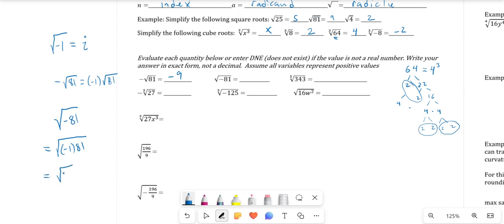And so we can specify this in 2 parts. What is the square root of 81 and what's the square root of minus 1? The square root of minus 1 is just i, the square root of 81 is 9, and we generally write the 9 first. They mean the same thing, multiplication is commutative, but we usually prefer this one. So this would actually be an imaginary number, 9i.